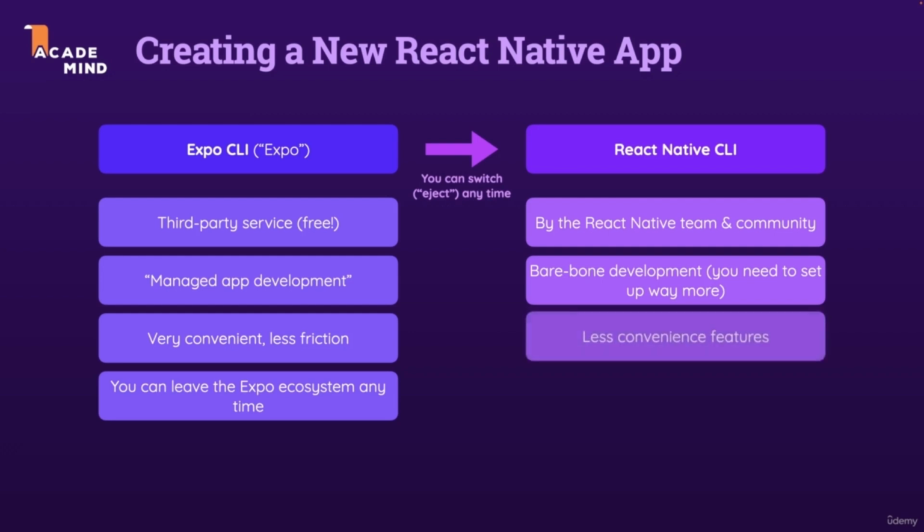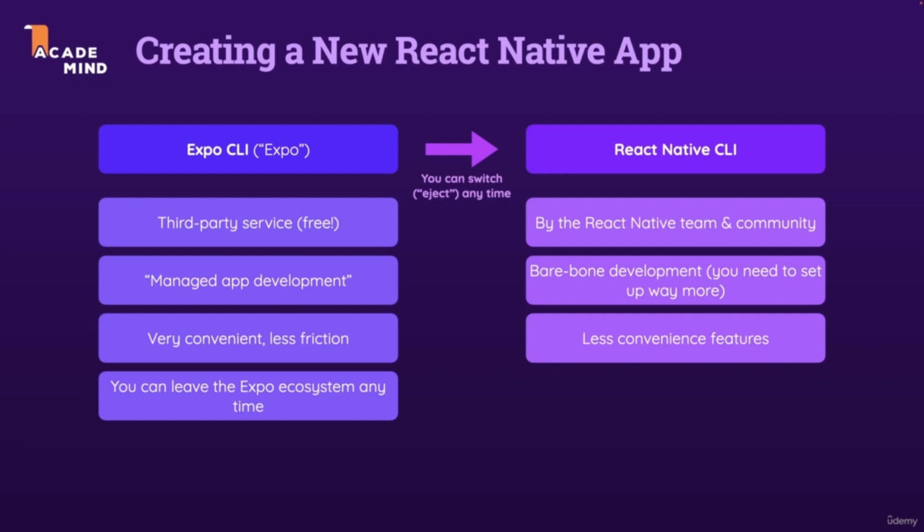There are less convenience features, and if you need to tap into certain native device features like using the camera or other features, then it is often a bit more work when not having Expo around. Because as mentioned before, Expo is not just about the tool that creates projects, it will also give you helpful packages and tools that you can use when writing code that will make your life easier in that case as well.